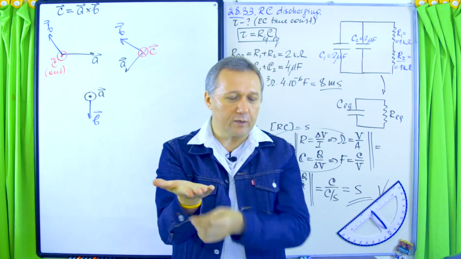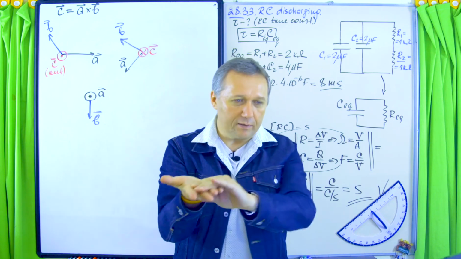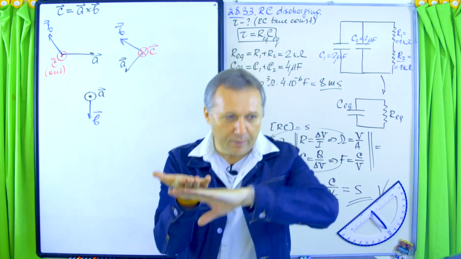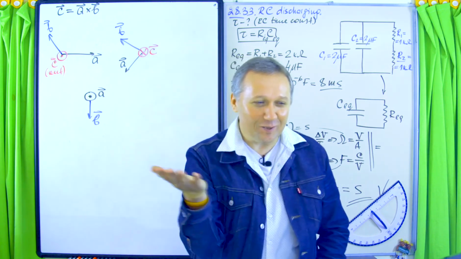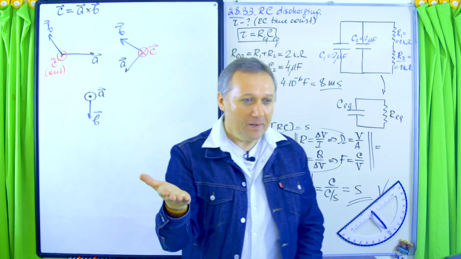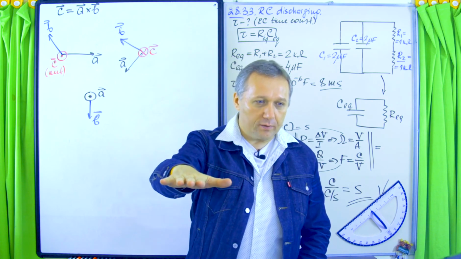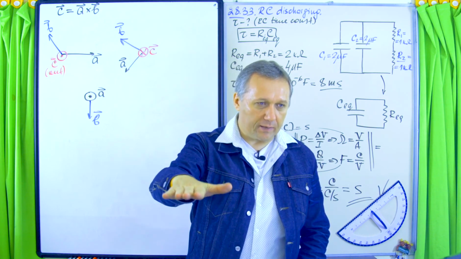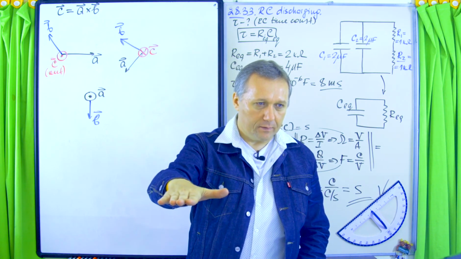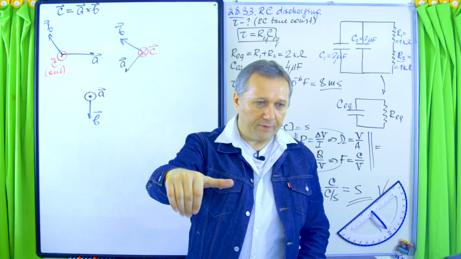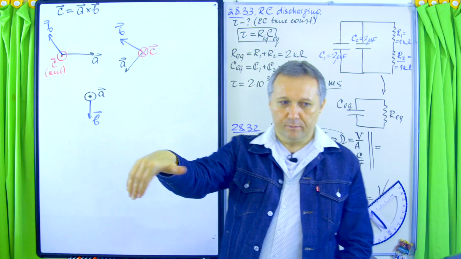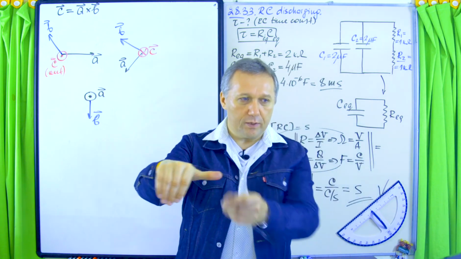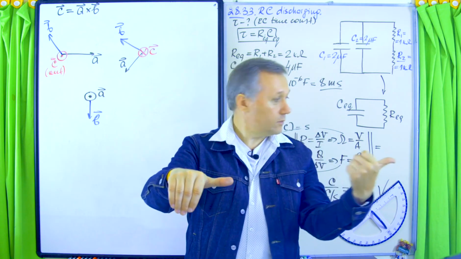Although I know, like in Southeast Asia, in their traditional dancing, they can really bend their fingers down, but that's not natural, not in these countries, right? So naturally, I have to position my hand like this. And now I can naturally bend my fingers down in the direction of the second vector, B. And you see my thumb now is that way.